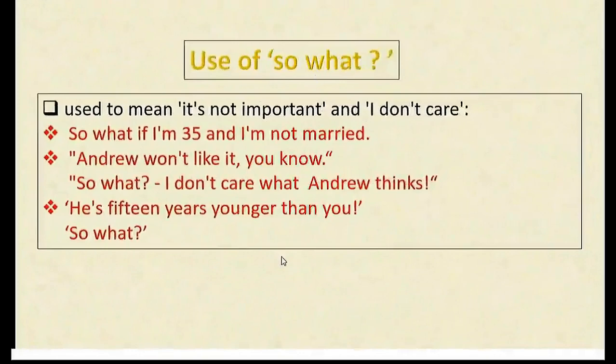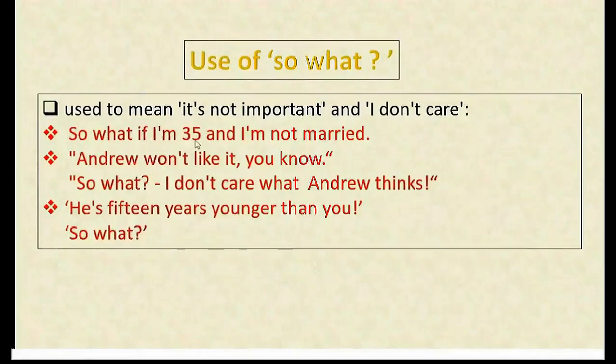This slide is about the use of so what. So what is used in response to a criticism, and it is used to mean it is not important and I don't care. Here you find 3 examples.